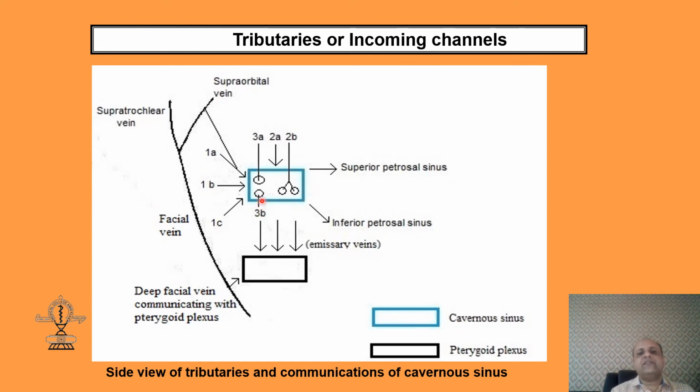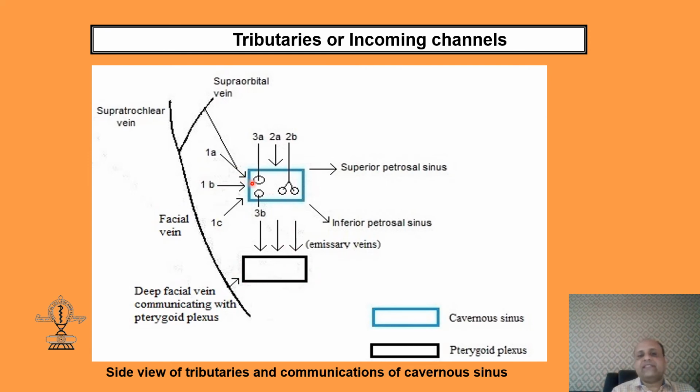And the drainage channels: the cavernous sinus is draining through superior petrosal sinus into the transverse sinus, through inferior petrosal sinus into the internal jugular vein, and through emissary veins into the pterygoid plexus of veins, which are veins present in relation to the pterygoid muscles. So this black box here is representing the pterygoid plexus of veins.